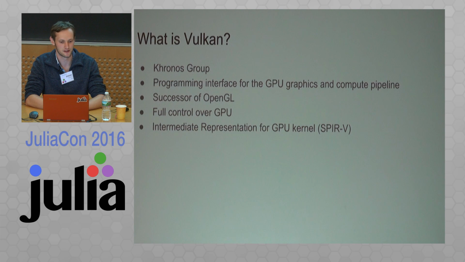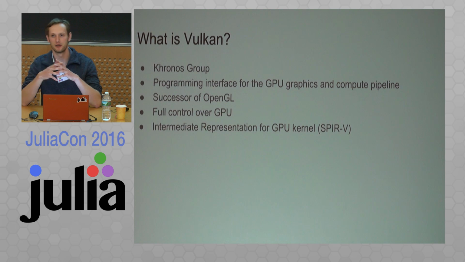So it's an API defined by the Khronos Group, and it's a programming interface for the GPU graphics and compute pipeline, which is pretty unique, because usually you have just one of these in one pipeline, one interface. It could be said that it's the successor of OpenGL, but considering that it's a lot lower level than OpenGL, it's also a new era pretty much.